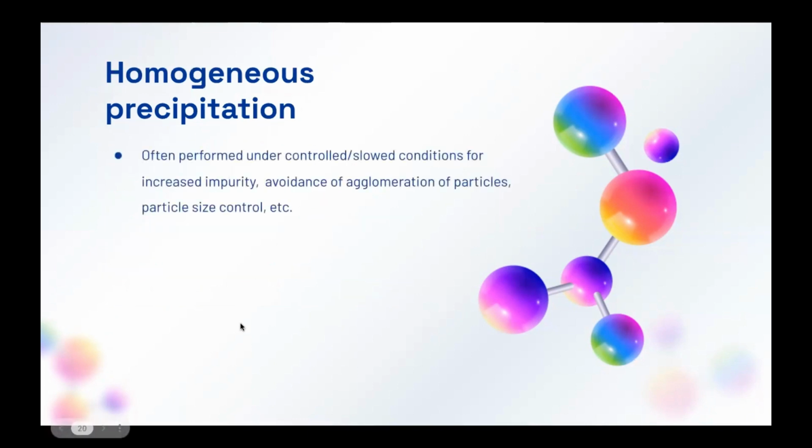So it is often performed under controlled or slowed conditions. So to form a homogeneous precipitation, you have to perform it in slow conditions, for increased purity, avoidance of agglomeration of particles, and particle size control.